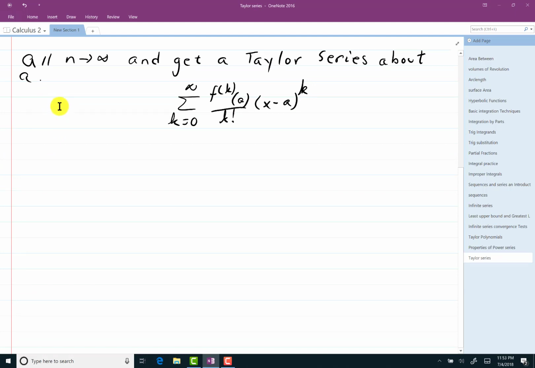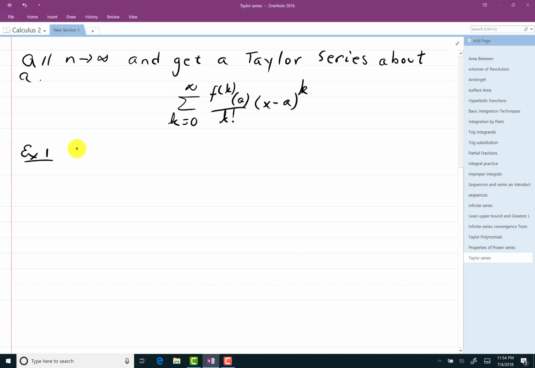Now remember, the functions we're going to deal with are infinitely differentiable. That means I'm able to find a derivative for all values of k. I'm also going to make an assumption that there is a single interval about a, maybe an open interval, better yet, about a, in which all of these derivatives exist. So with that in mind, you'll see what I'm talking about. This is not as bad of a suggestion as it may seem.